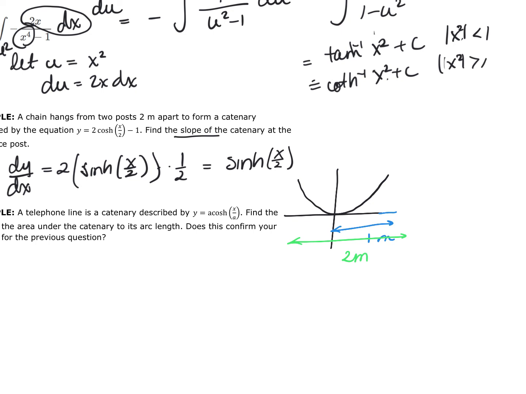And so I get to choose where I put my x and y axis. So I'm going to put that as being the input when x is equal to 1. Because I want the left post, I'm going to have x is equal to -1. So in other words, I want dy/dx evaluated when x is equal to -1.